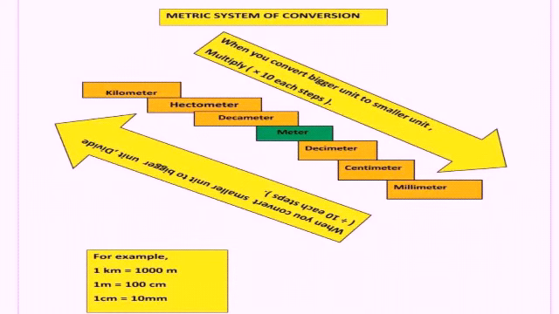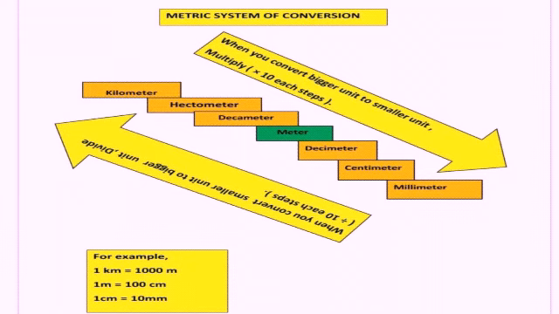Now, we are going to start the metric system of conversion. Already, we have learned about different units of the metric system of length. Now we will learn the conversion. When we want to convert any smaller unit into a bigger unit, what process do we have to follow? We can easily understand that by using this ladder method.